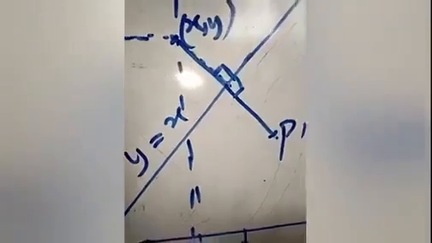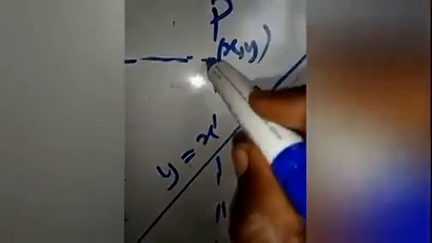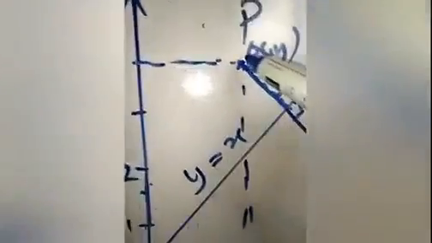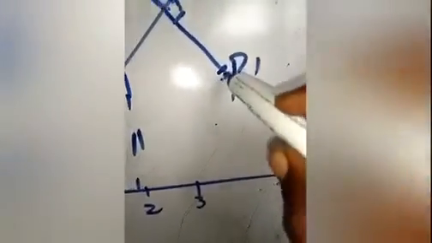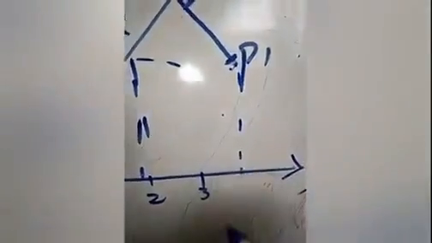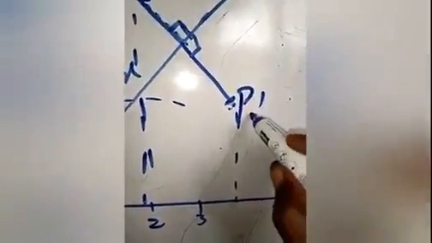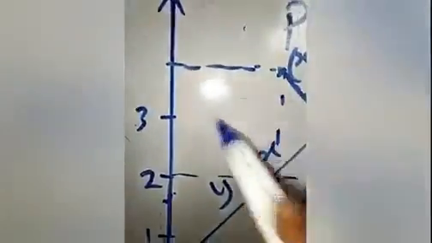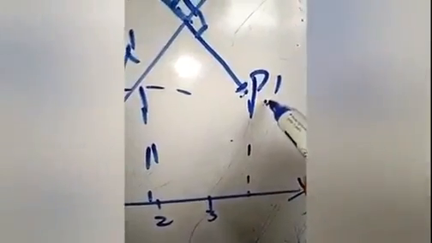So what will happen at this time is whatever my value for x is here will interchange with y. So if here I'm having 2 comma 4, in this place I'll be having 4 comma 2.